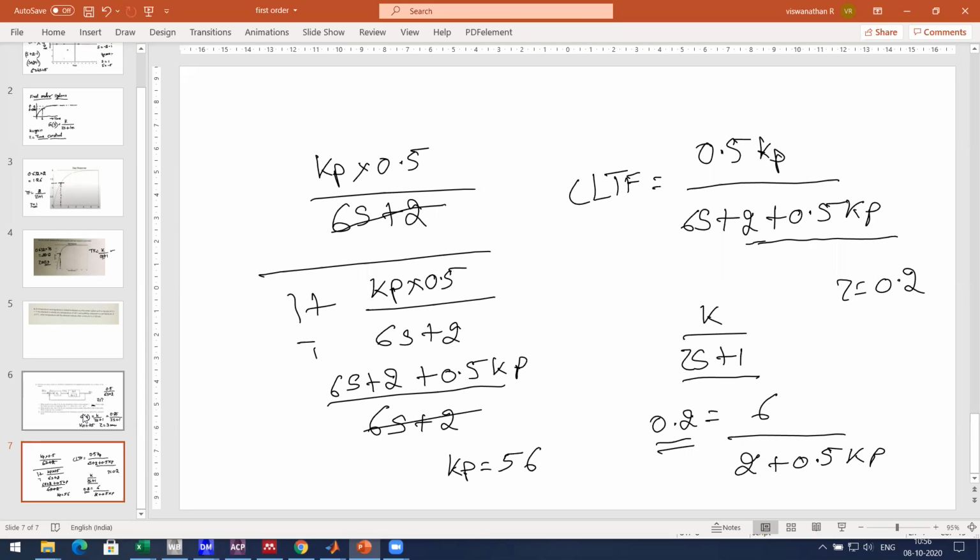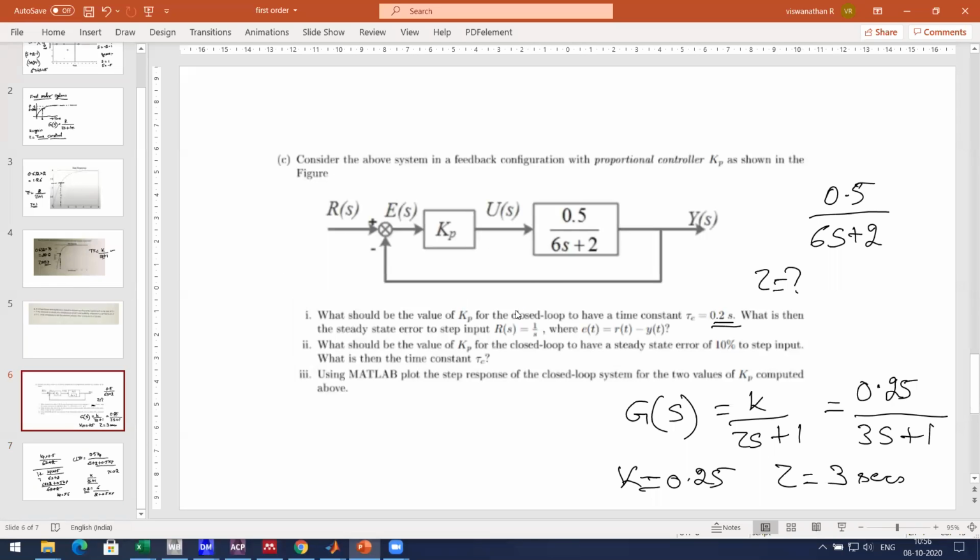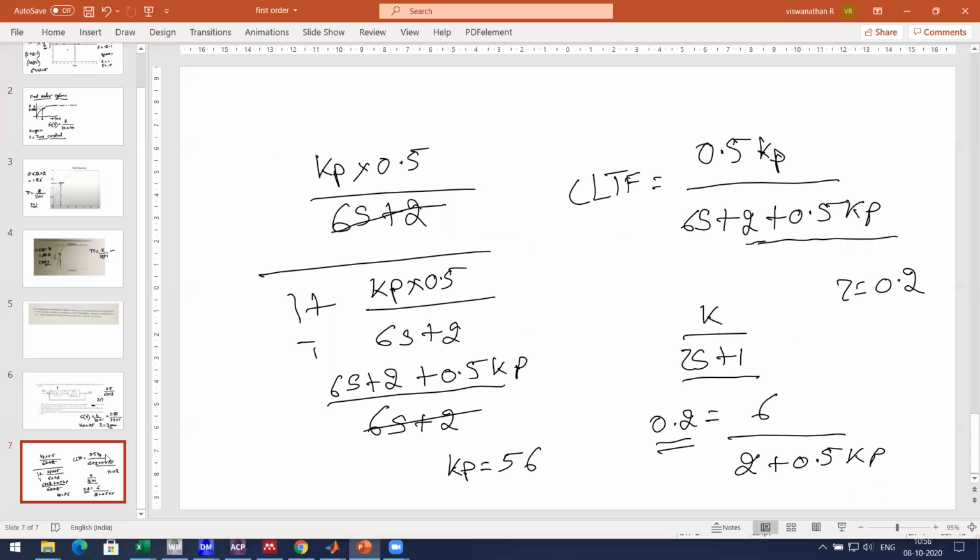Okay, so this is what he has asked here: what should be the value of kp for the closed loop to have a time constant of 0.2 seconds? Previously, tau equal to 3 seconds was for the open loop. Now we consider the closed loop transfer function, which we calculated using the formula we always use.